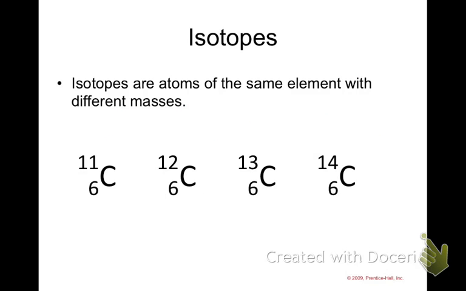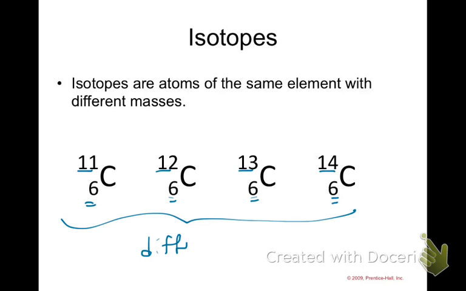So here we have 4 isotopes of carbon. Each of them, hopefully you notice, has the same atomic number. That's what makes it carbon. It has the 6 protons in the nucleus. But all of them have a different mass number because they differ in the number of neutrons. So these all, because they differ in the number of neutrons, have different masses.